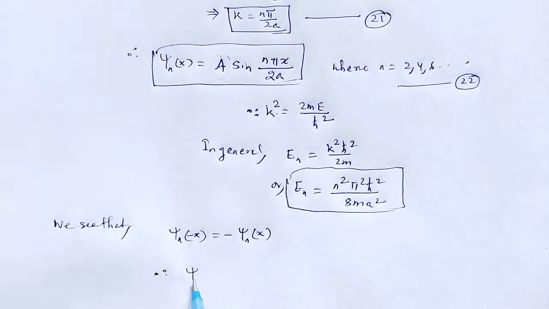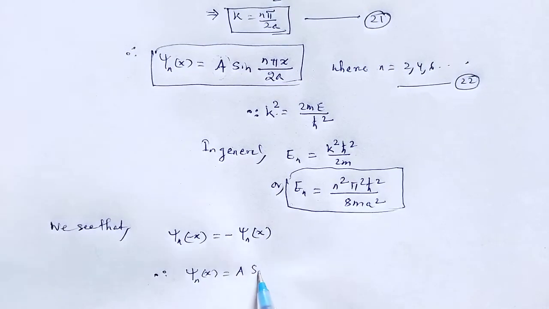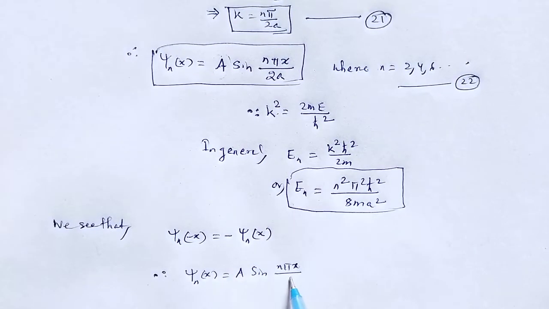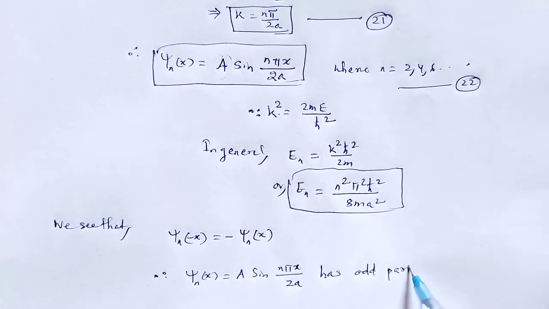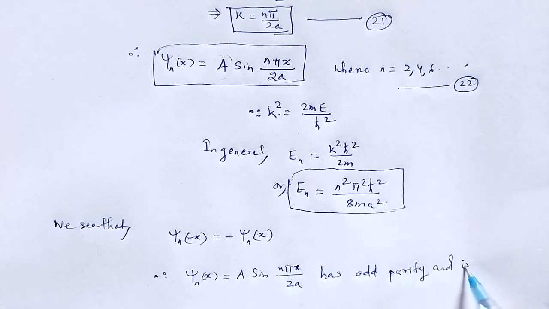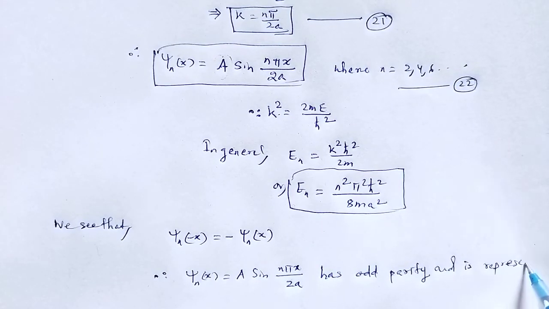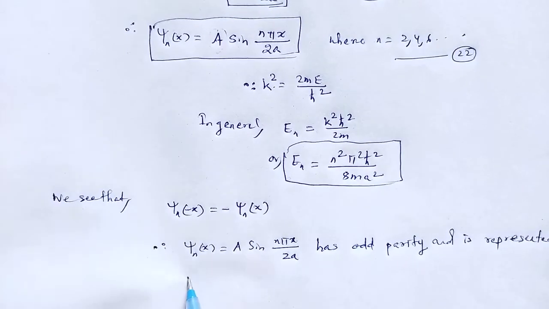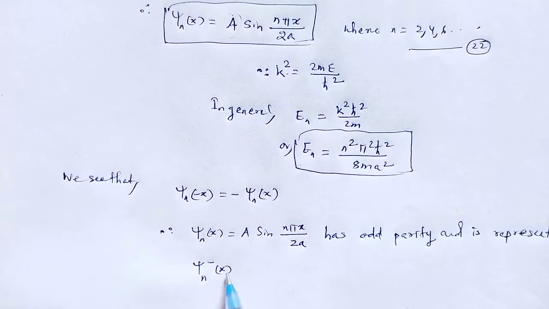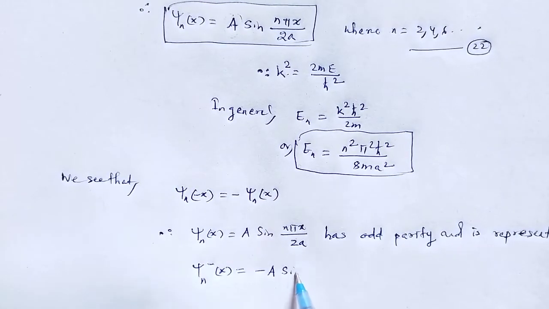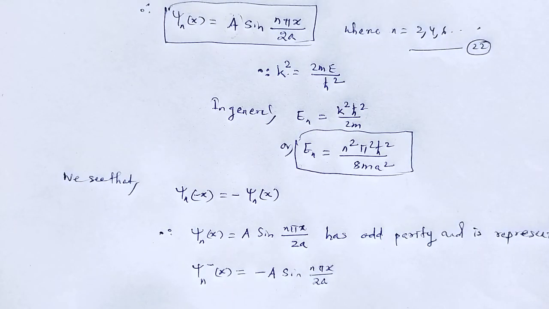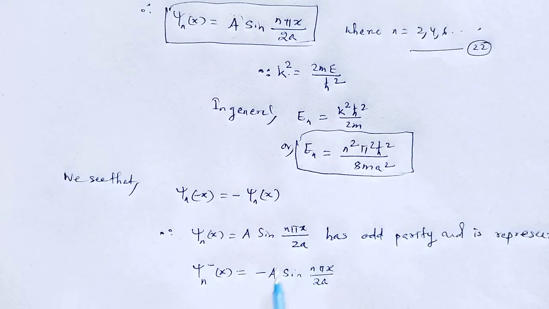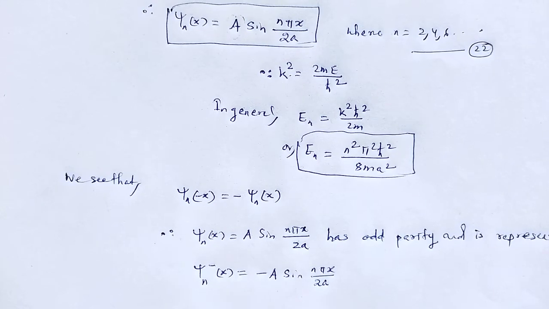Therefore psi n of x is equal to a sin n pi x by 2a, which has odd parity, and is represented as psi n of minus x is equal to minus a sin n pi x by 2a.